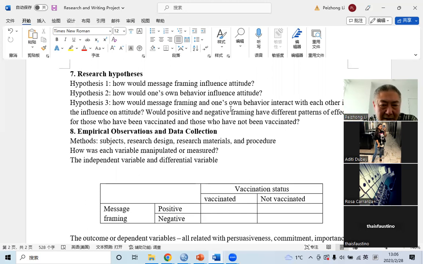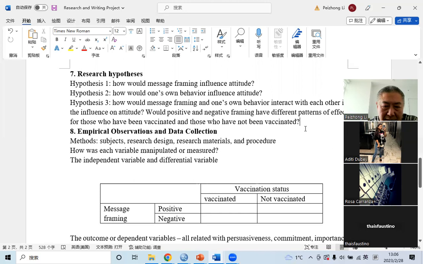Either way, they will have the same level of commitment, perceived importance, and perceived difficulty. But for those who have not received vaccination, the undecided people, I believe positive framing will be more powerful in producing a positive attitude, stronger commitment, stronger importance, and less difficulty.